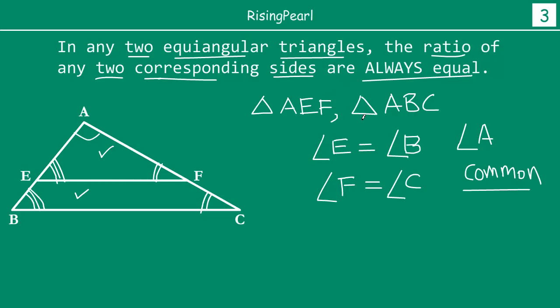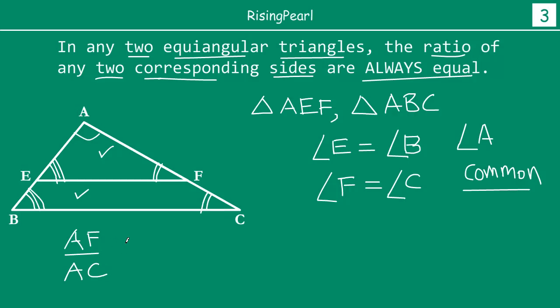If they are equiangular triangles, we know that the ratio of corresponding sides is always equal. Angle E and angle B are equal. So which is the side corresponding to angle E? It is AF. So we have AF divided by AC, since in triangle ABC the side corresponding to angle B is AC.